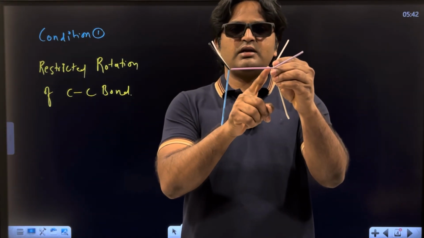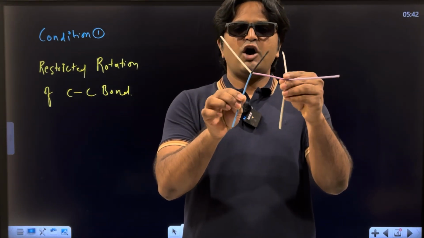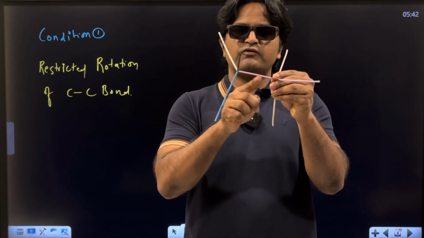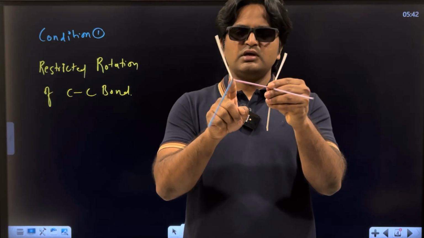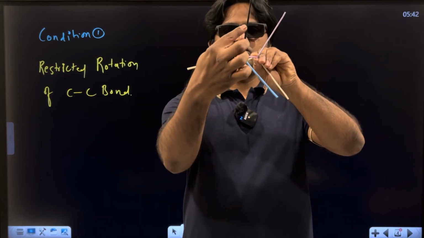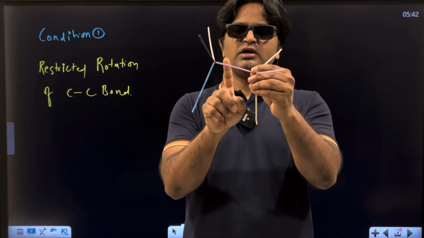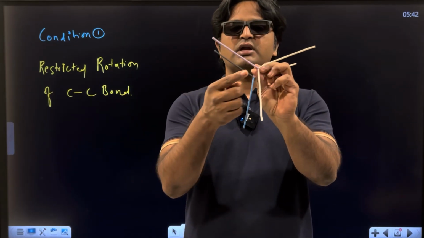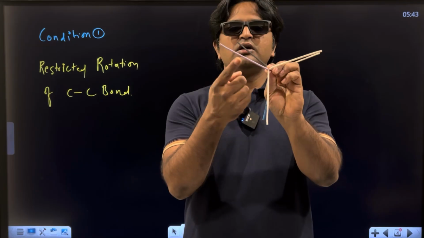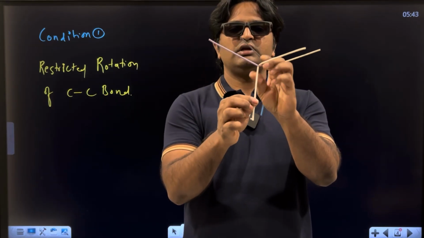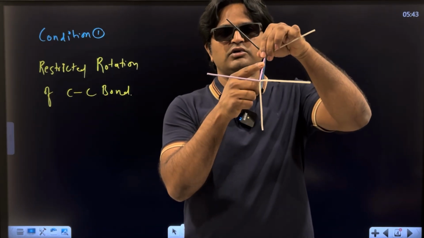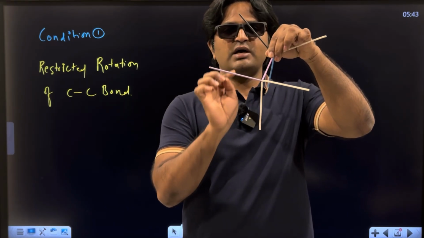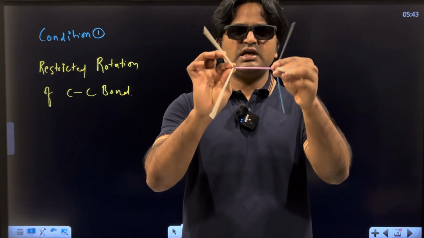Left side one carbon, right side one carbon. How many bonds are there around each carbon atom? 1, 2, 3, 4, four sigma bonds. What is the hybridization of this carbon? sp3 hybridization. Around this other carbon atom also 1, 2, 3, 4 bonds, again sp3 hybridization, just like our ethane molecule.